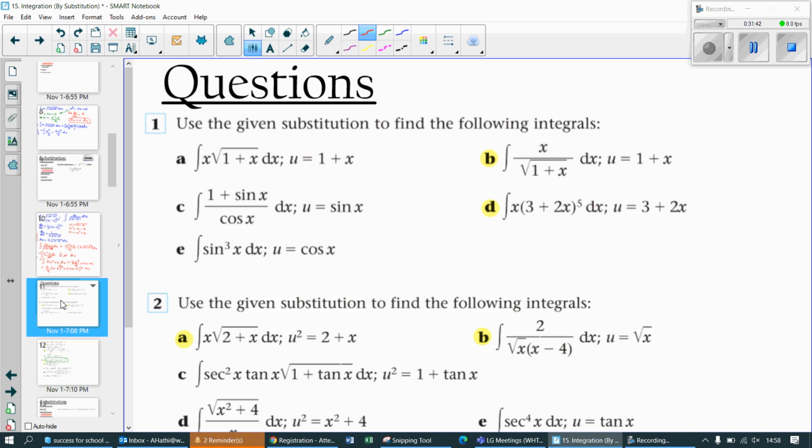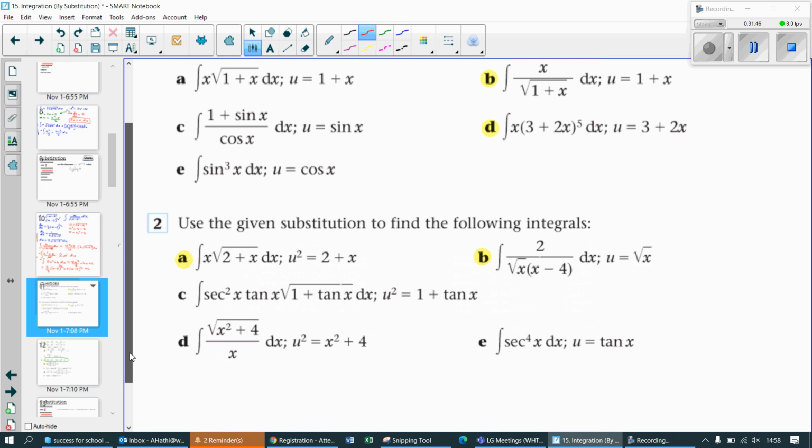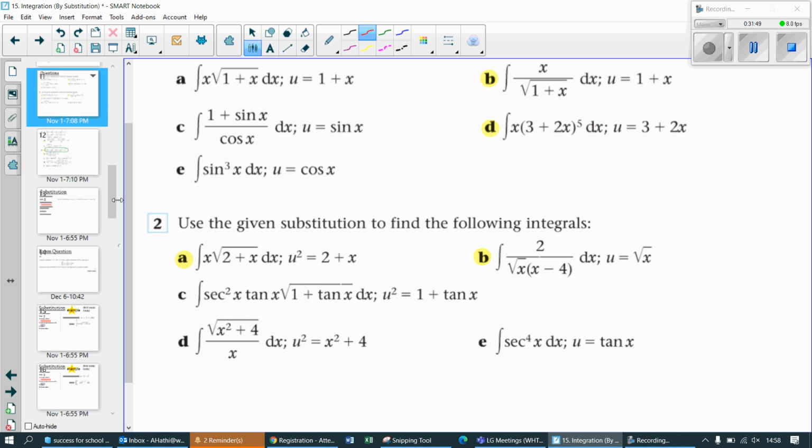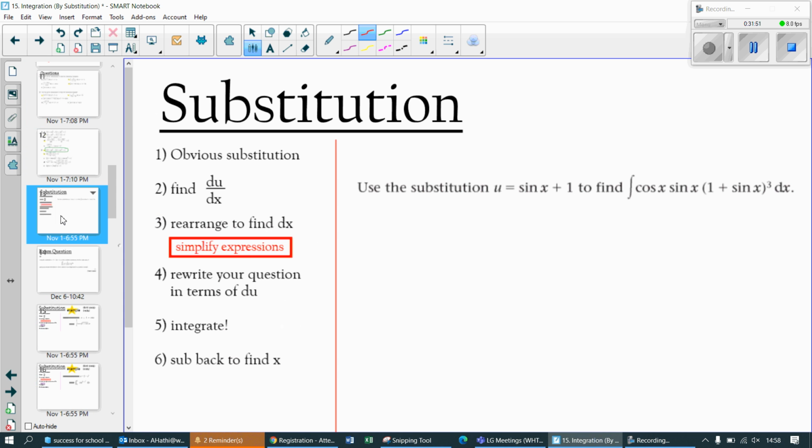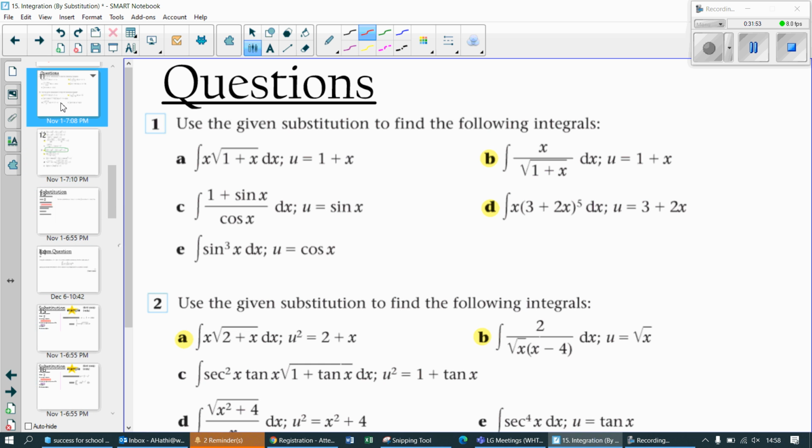Okay, once you've done those questions, we'll move on to some trigonometric. We'll deal with limits as well later on, but first we'll move to some trigonometry.